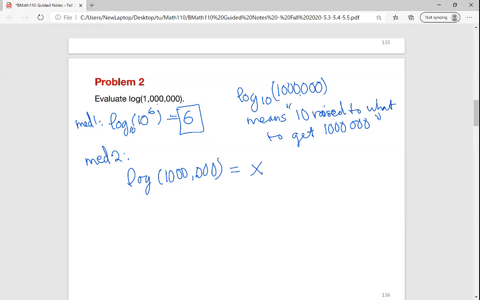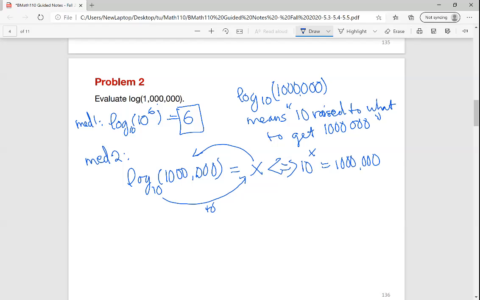You convert this to exponential form. You know that the base here is 10. To change it to the equivalent exponential form, you make 10 raised to x equal to 1 million. So I have 10 raised to x equal to 1 million.